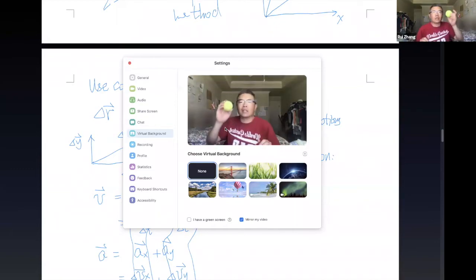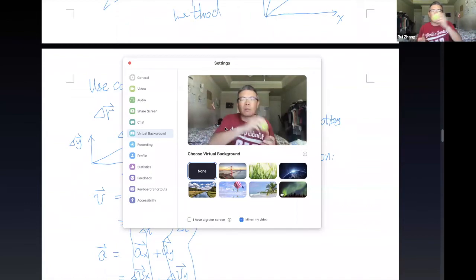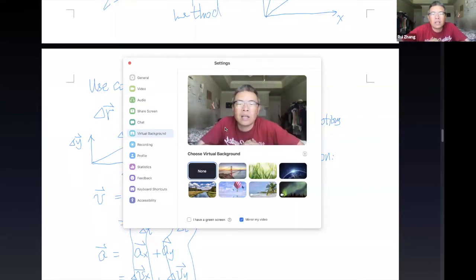Obviously this is a 2D motion because it moves in a two-dimensional plane. It's not a single dimension, like this or this. It goes like this. You can also throw it horizontally like this. That's still a projectile motion. The projectile motion is one that we see a lot in our everyday life, because whenever you throw something out, like a baseball or football or basketball, or you kick a soccer ball, they're all projectile motions.